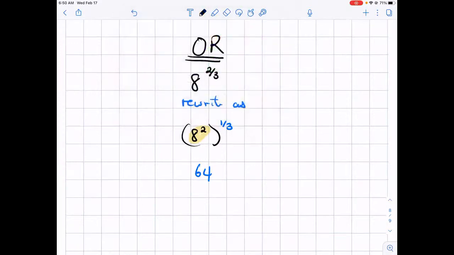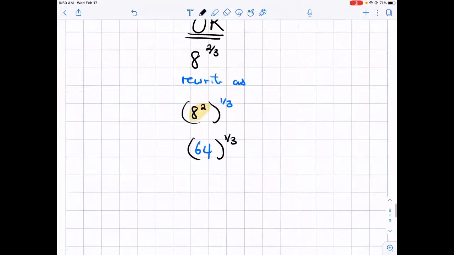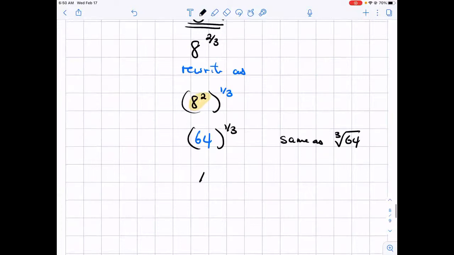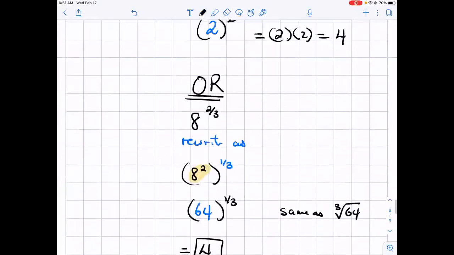But now I take the cube root of 64. And the cube root of 64 is 4. So we do end up with the same answer.